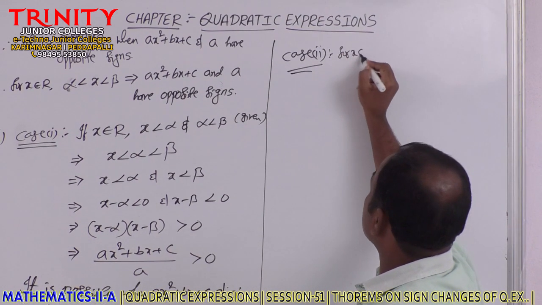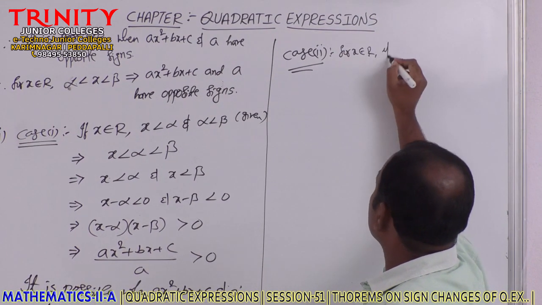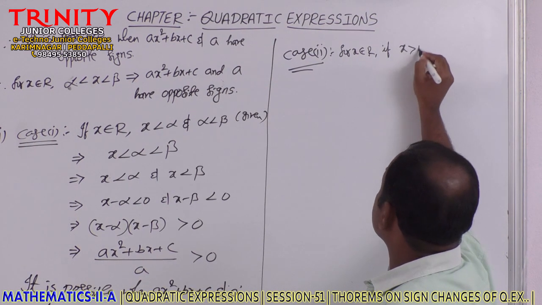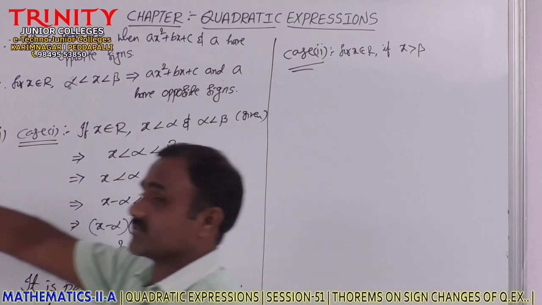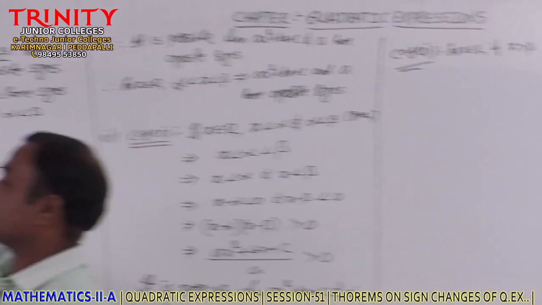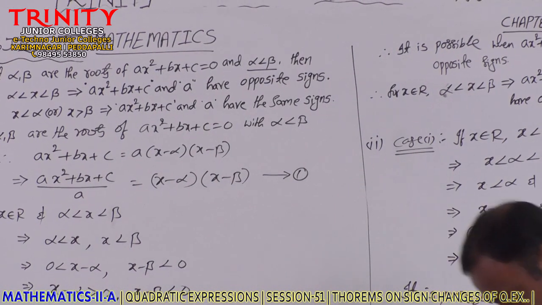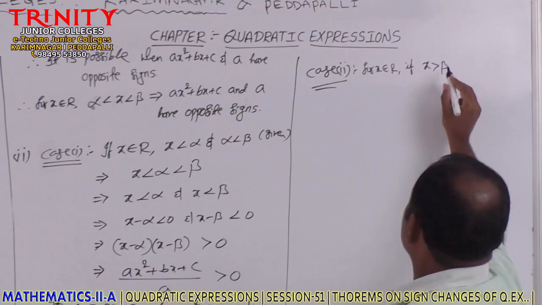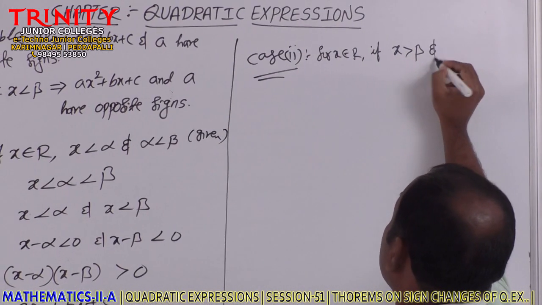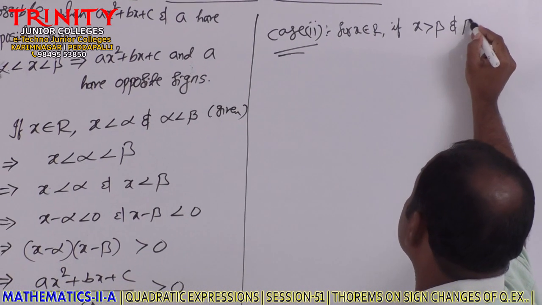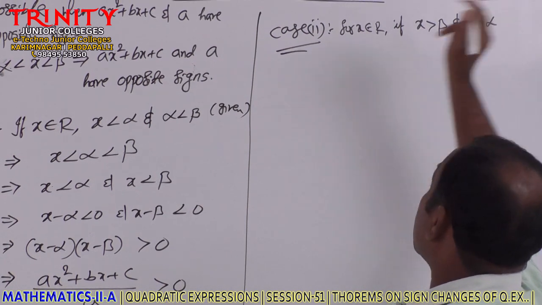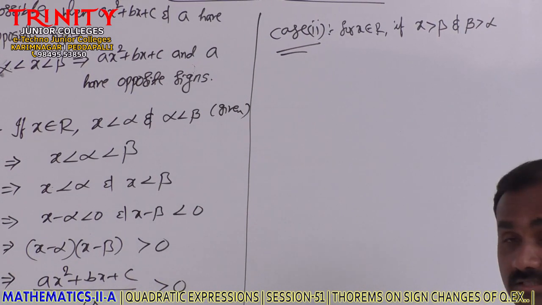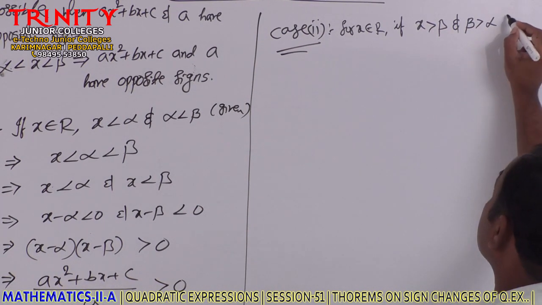For x belongs to R, second case we are taking x greater than beta, and already given beta is greater than alpha, or not. Alpha less than beta is nothing but beta is automatically greater than alpha.